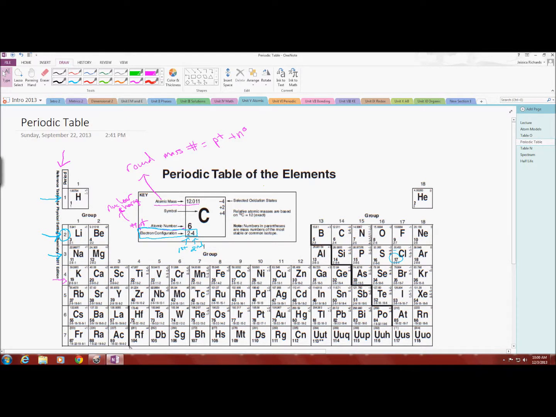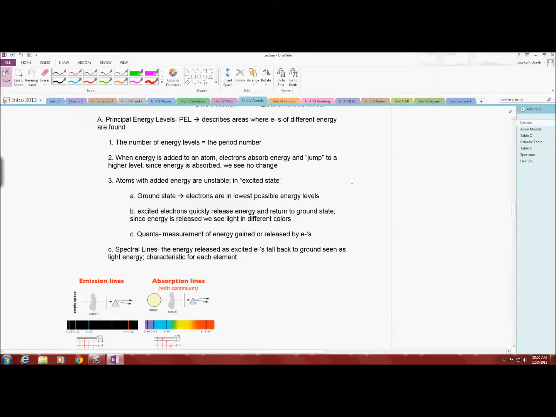His electron configuration down here, 2-8-8-1. So there's 1, 2, 3, 4 numbers. So let's write that example down in your notes. Potassium's electron configuration is 2-8-8-1. He has 4 principal energy levels.